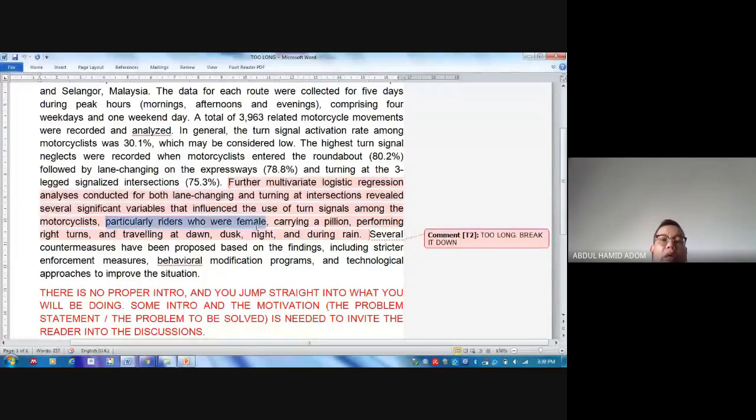Then you can use these others as well, because they are actually listing a few things. Particularly, one, female; second, carrying a pillion; third, performing right turns; and fourth, traveling at dawn, dusk, night, and during the day. There's another 1, 2, 3, and 4. That's too many things.